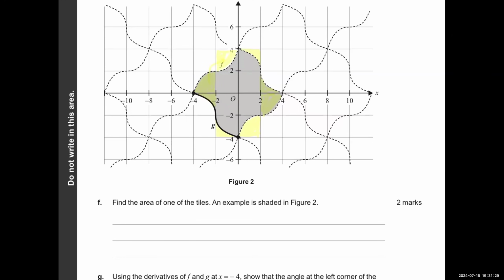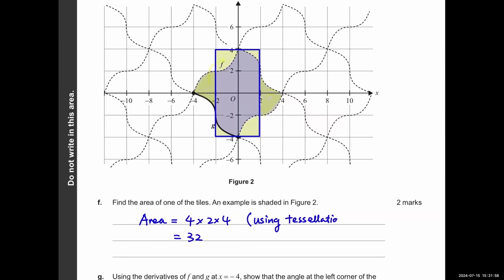So instead of using integration, well, you could use integration. You can just find a nice rectangle, okay? So area equals 4 lots of 2 times 4, which is 32. Make sure you also indicate what you are thinking, using tessellation.